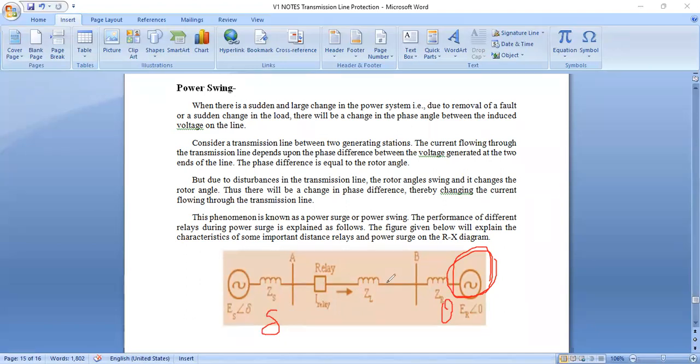So the rotor swings around its position of equilibrium due to its large inertia. The rotor angle undergoes oscillation till the steady state is achieved.